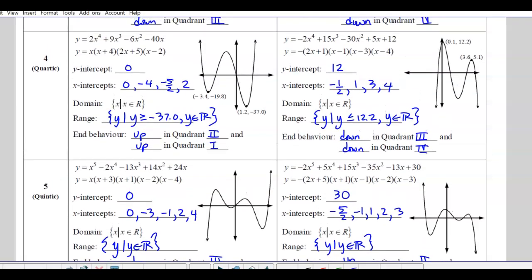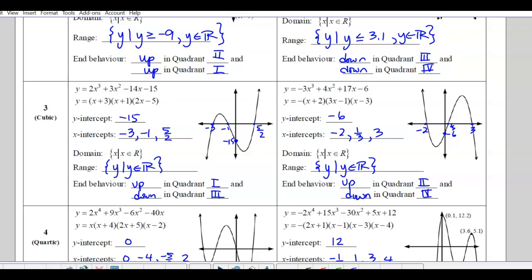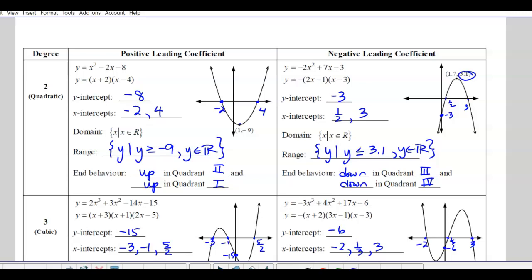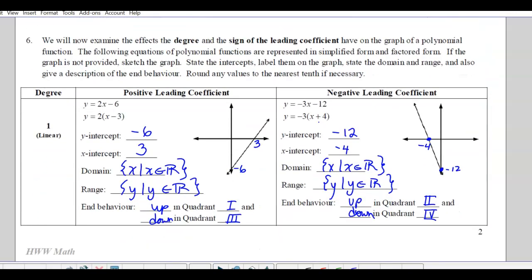So that's degree 5. Degree 3, same thing. That's an odd degree. Then the previous page was degree 1. Same thing. Okay, all real numbers up and down in diagonal quadrants, either 2 and 4 or 1 and 3.